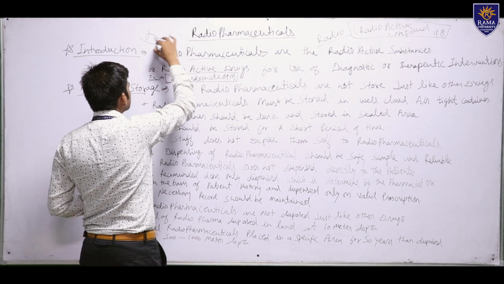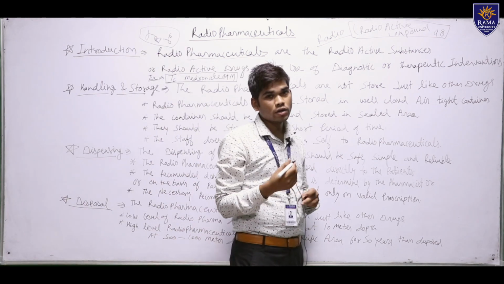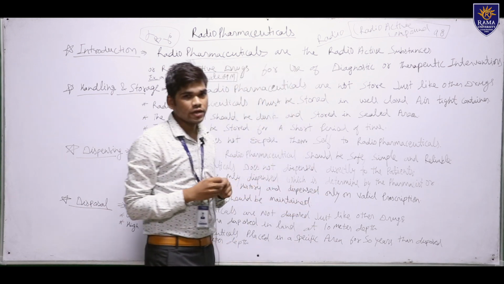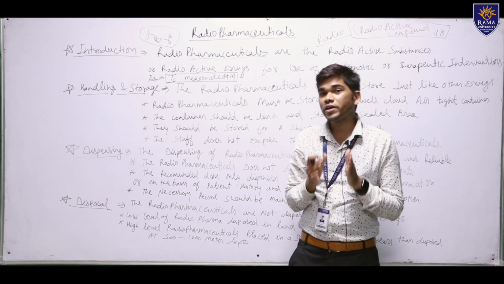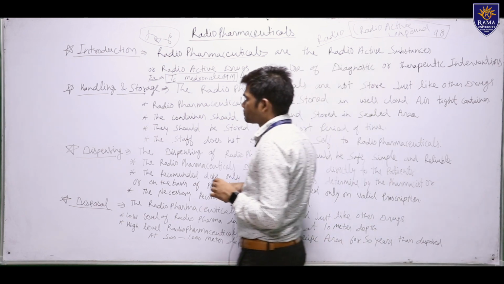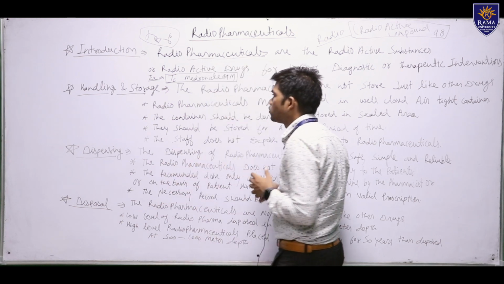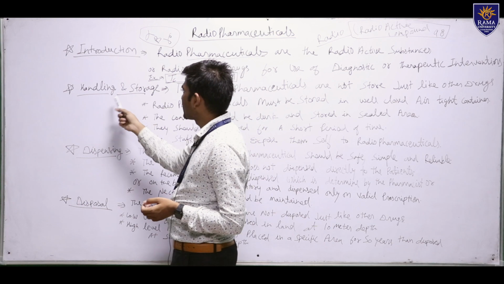These are the waves emitted by radioactive compounds. That is why we use radiopharmaceuticals carefully. I hope you understand what a radiopharmaceutical is. Next we go on to handling and storage.